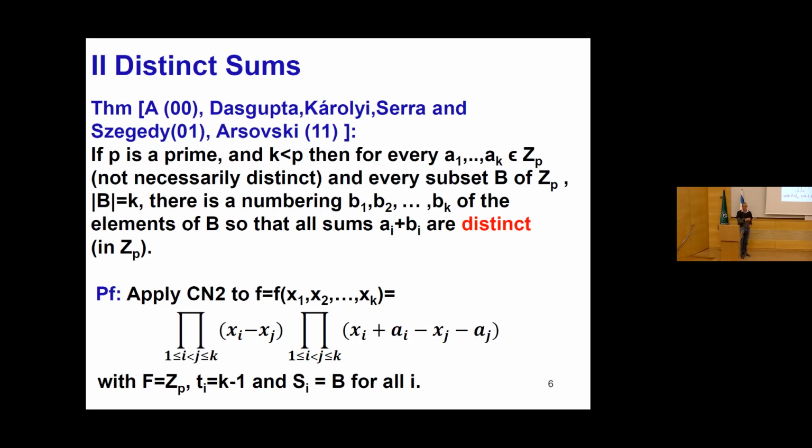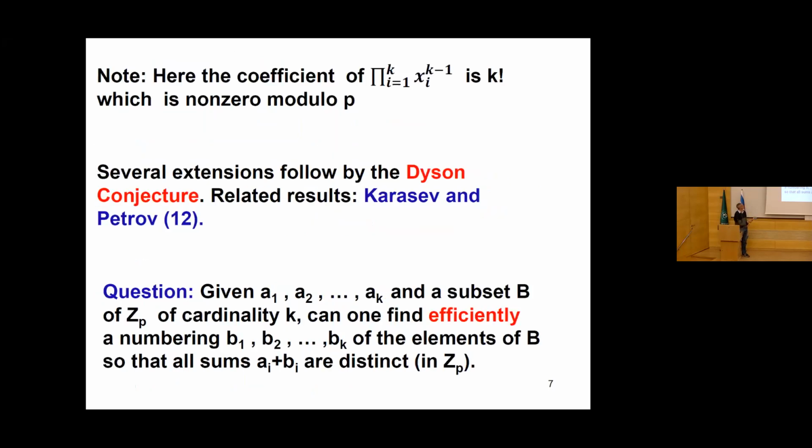So we will be able to apply it, and for this we have to check that some coefficient is non-zero. If the relevant coefficient is non-zero, then there is a substitution from B that makes the polynomial non-zero, and as I explained, this gives us a numbering of the elements of B as needed. Right. Now, what about this coefficient?